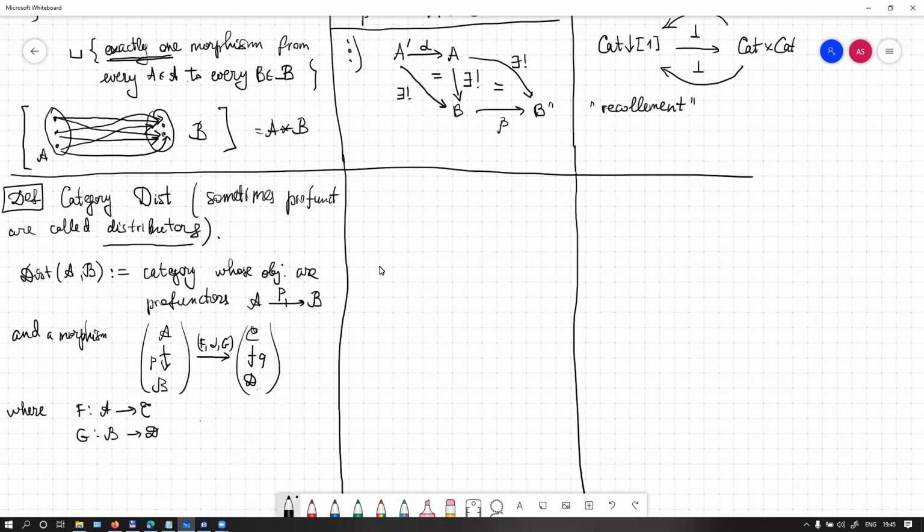So what should I do? I am taking my profunctor Q here from C to D, okay?